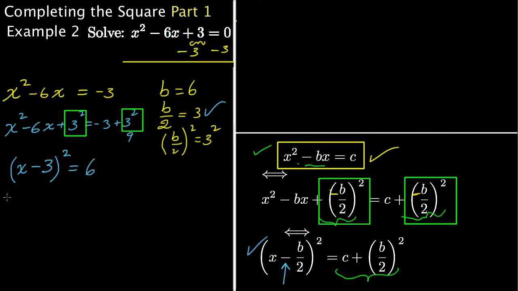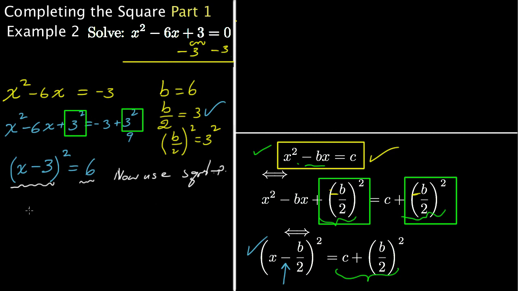So now I have a perfect square on the left-hand side, and I have a number on the right-hand side, and now I can use the square root principle. Okay, so let's write that down. So now use the square root principle.